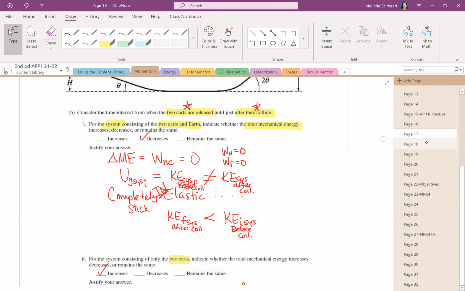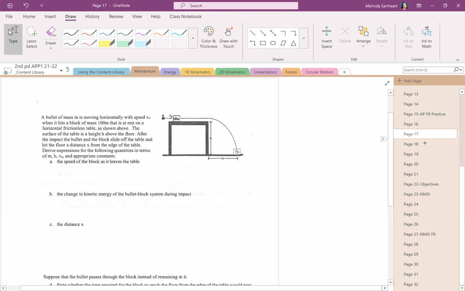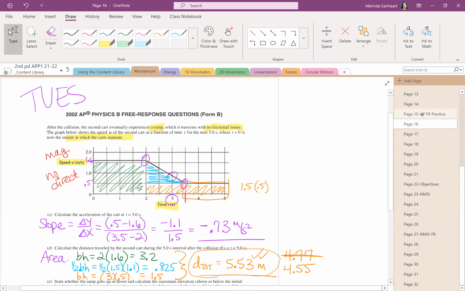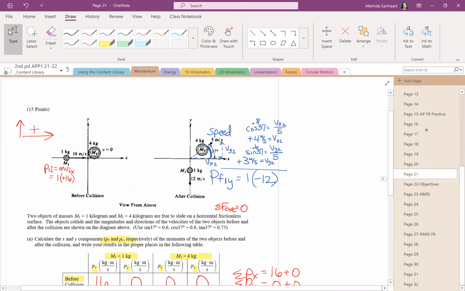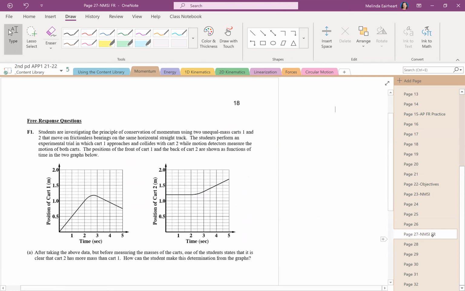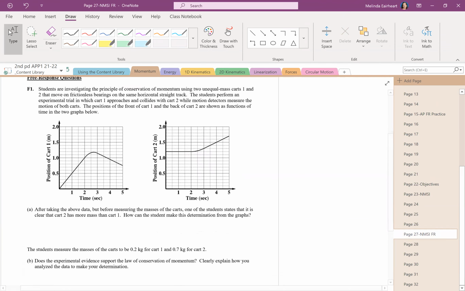How about, I know it's not the easiest. Let me make sure we've done the others. Actually, let's save the variable. We'll save 17. Let's go straight for the NIMSY free response, because I know F1 should be a moderate challenge. It's not the hardest, it's not the easiest.